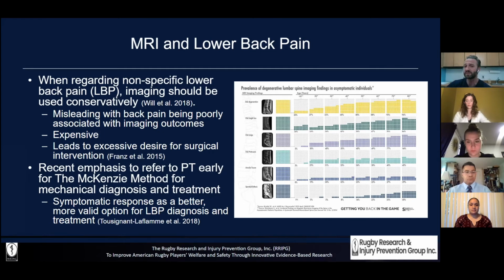And if we look at this graphic over here on the page, you can tell what I mean when I say that MRIs can be very misleading. This is a chart of basically 3,000 asymptomatic people. These are MRIs of 3,000 asymptomatic people.